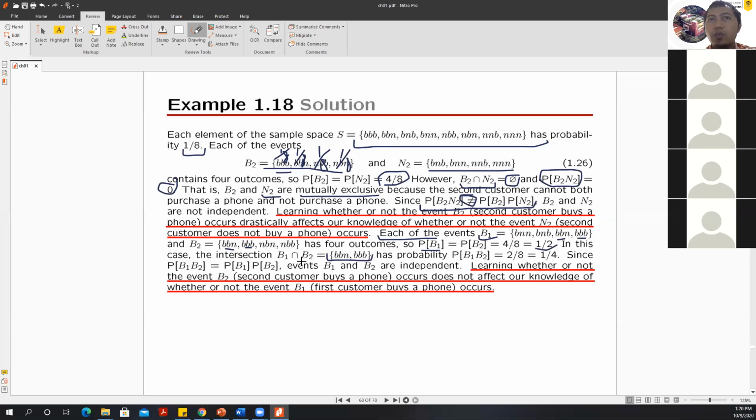So for the intersection between B1 and B2, we write it like this, and the probability of B1 and B2 becomes 1/4 plus 1/8 plus 1/8. So you can see that the probability becomes 1/2. Okay.